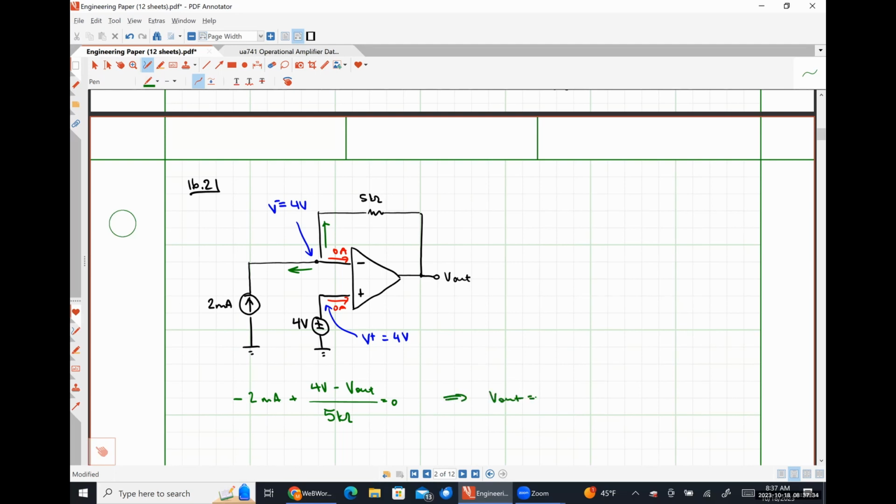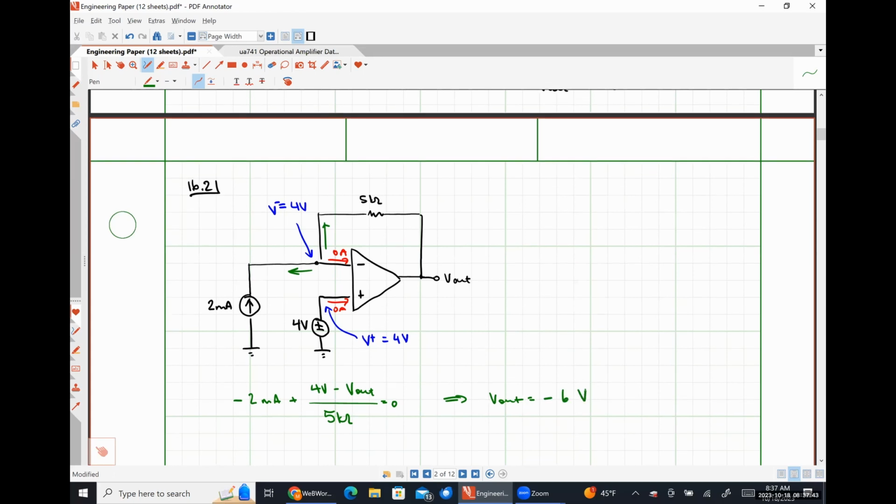And now solve for V out. Yep, that's it.